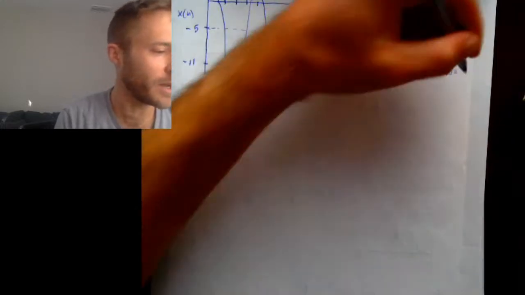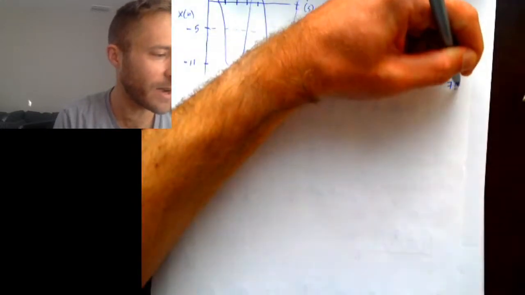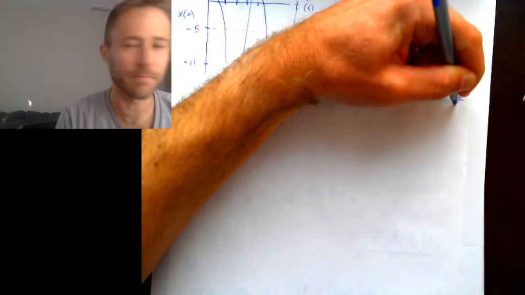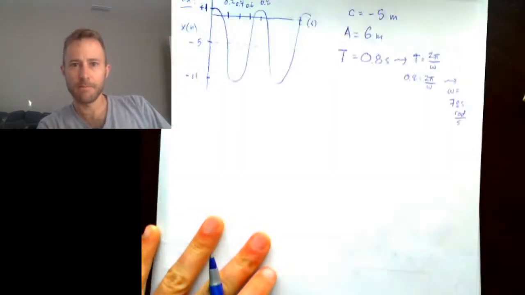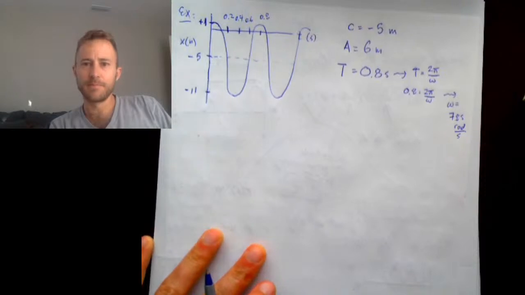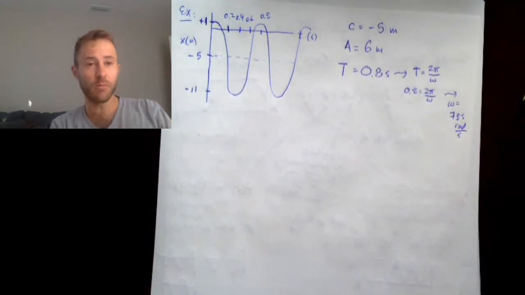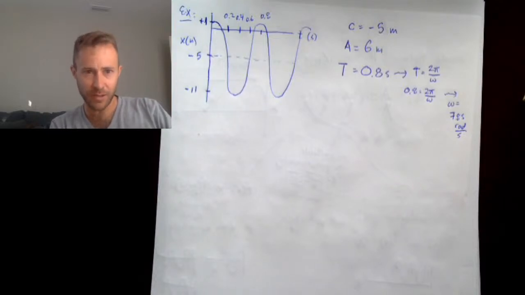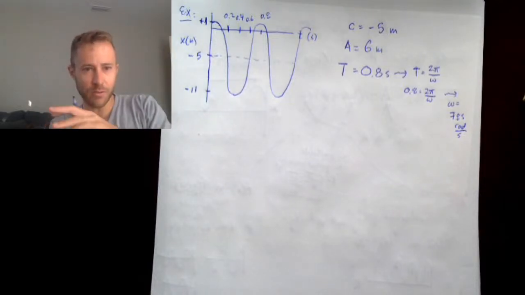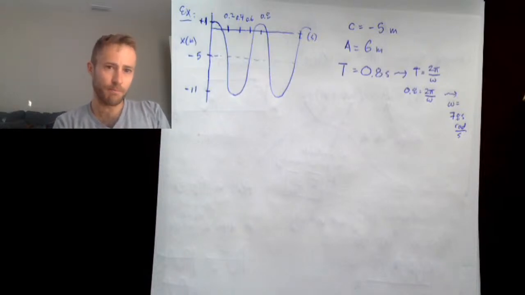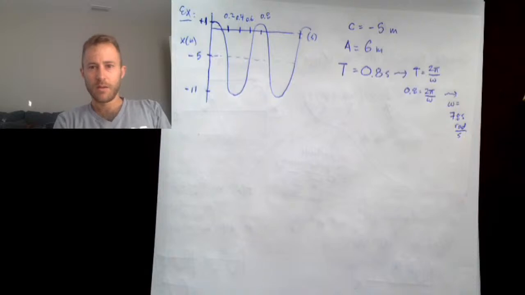That says omega is 7.85 radians per second. The reason it has the variable omega is because it has the same units as angular velocity, which was also radians per second. So that's why it's called omega.